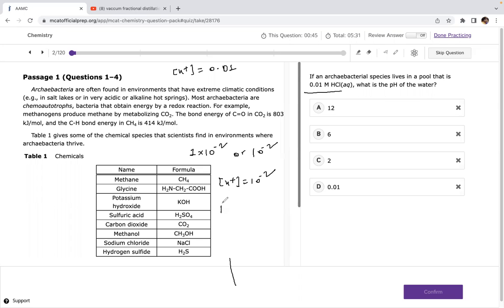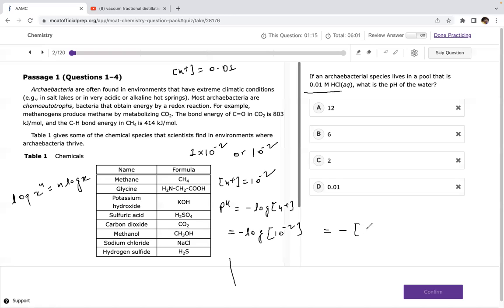And we know that pH is minus log of H+. So minus log, the concentration of H+ is 10 to the power minus 2. And if you have a bit of an idea about logs, you know that log x to the power n is equal to n log x. So here we can say, keep the minus outside the bracket, and this is log 10 to the power minus 2.